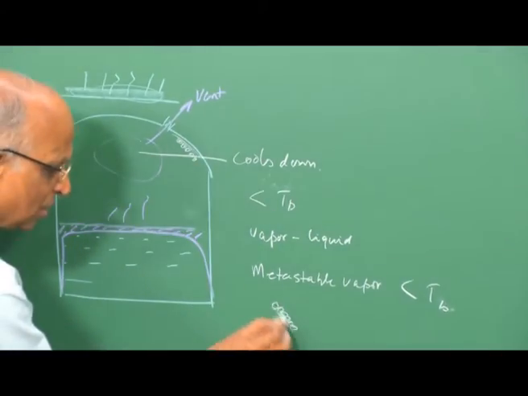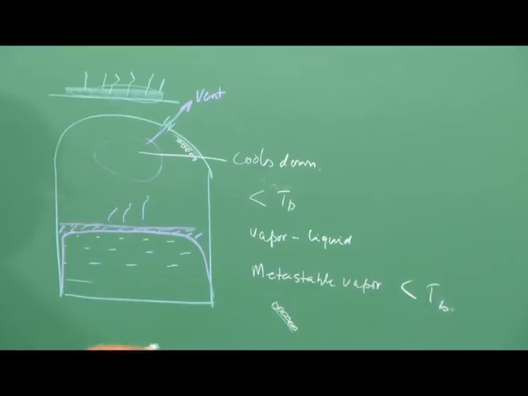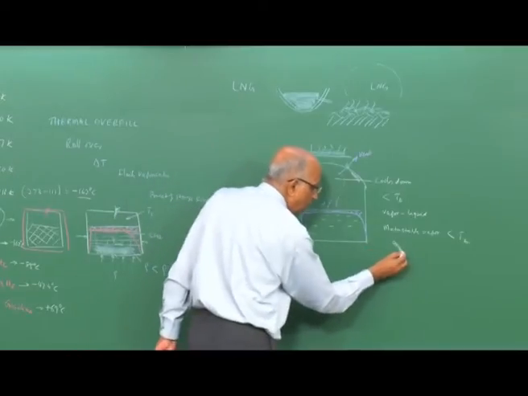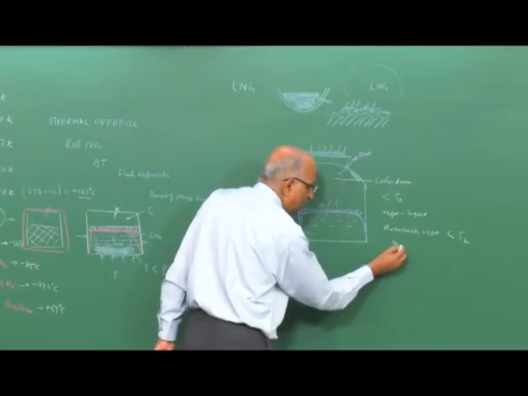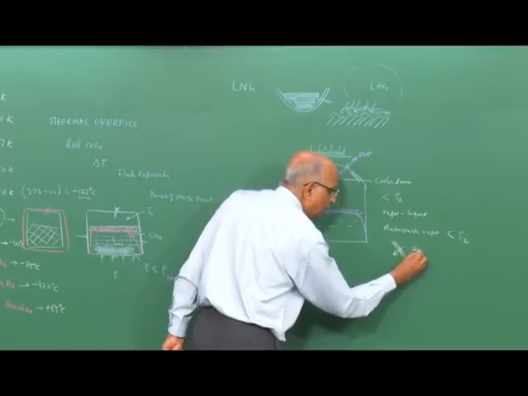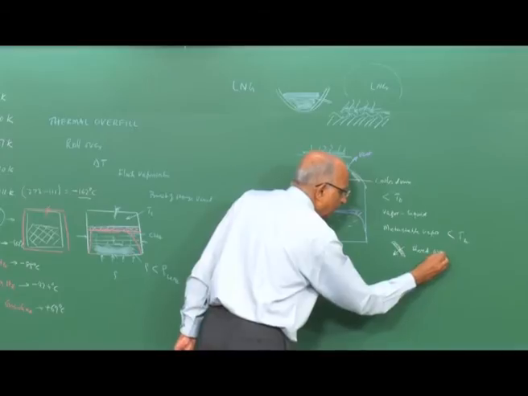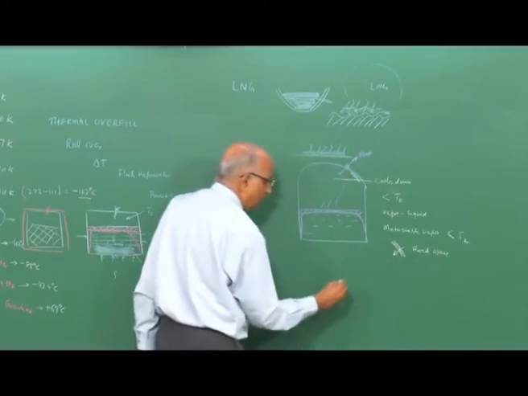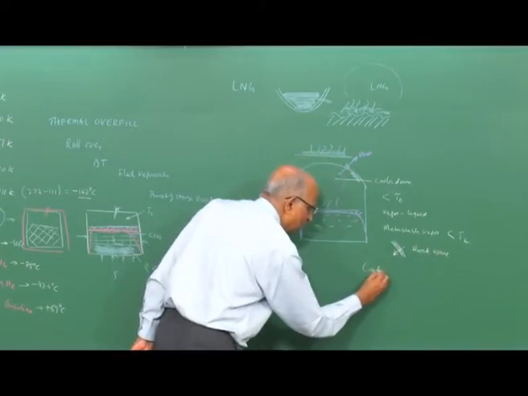To condense, you have to reject heat, and this heat which gets rejected can drive a shock wave. Such a shock wave driven by condensation is known as a condensation shock.